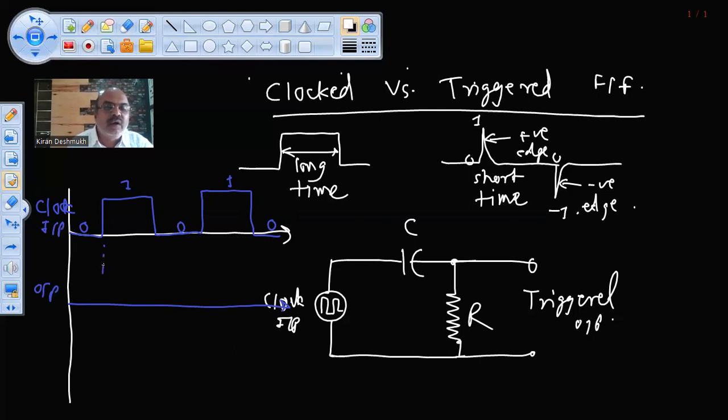What do you find? At this instant of time, the capacitor will pass all the voltage at the output, and then the capacitor will charge immediately. Correct. It will charge immediately from this side to this side. Now what will happen? Whenever the input goes from 1 to 0, 0 means 0 voltage means short circuit. So this positive will appear here and this negative will appear here.